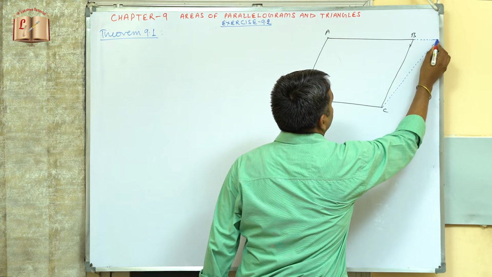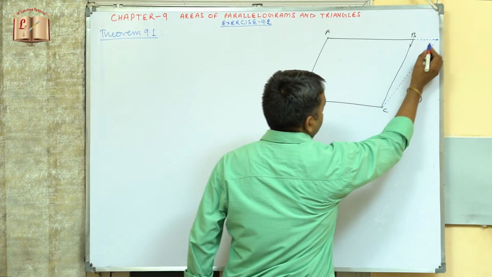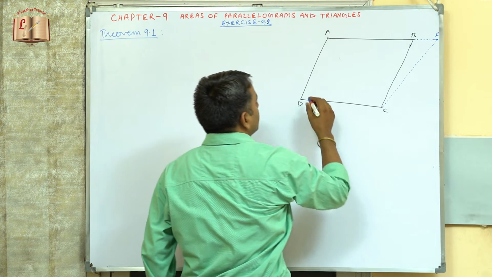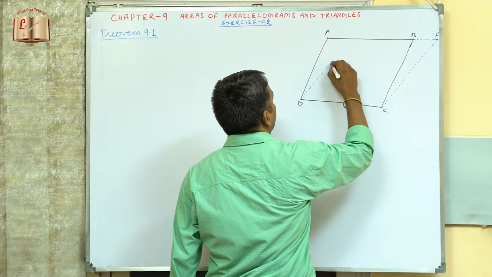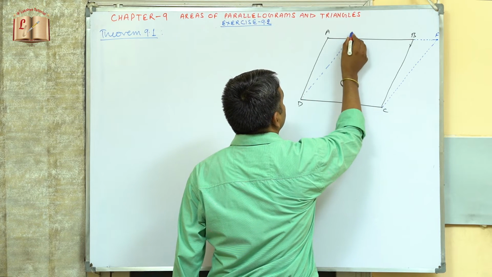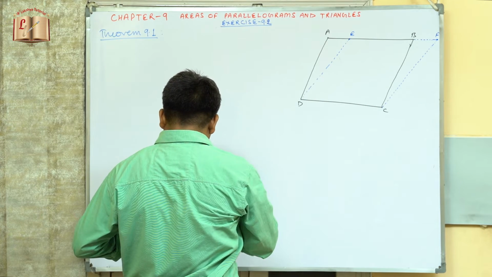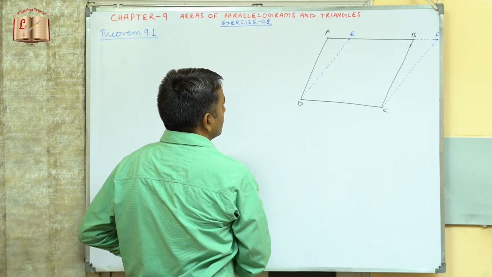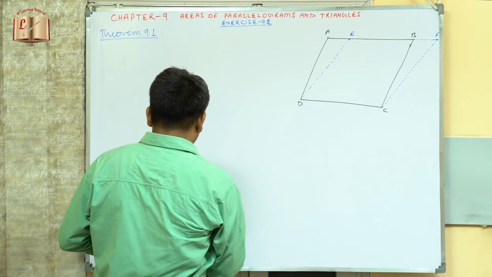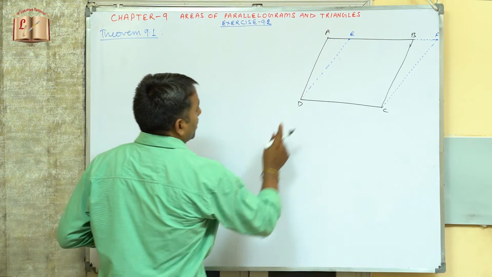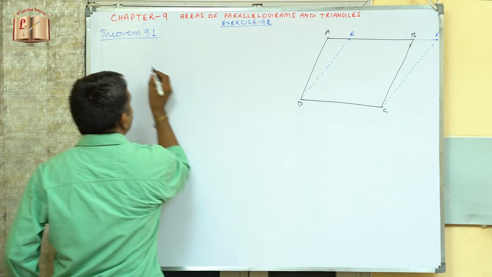And join this, so take it as point, suppose F, and from this side we will draw another line parallel to this, so this is now point E. So we have drawn these parallel lines first of all. So this is point A, B, C, D, and this is E, and that is F.